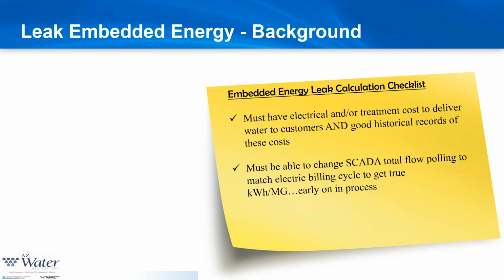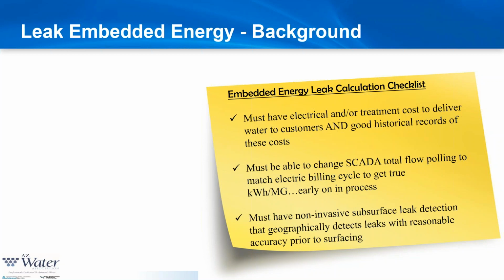You'd be surprised at how skewed your data can get if, say, the electric utility bills on the 5th of each month, but your total polling data goes from the 20th to the 20th. So change the SCADA total flow polling to match the electrical billing cycle, so we get a really good kWh per MG.